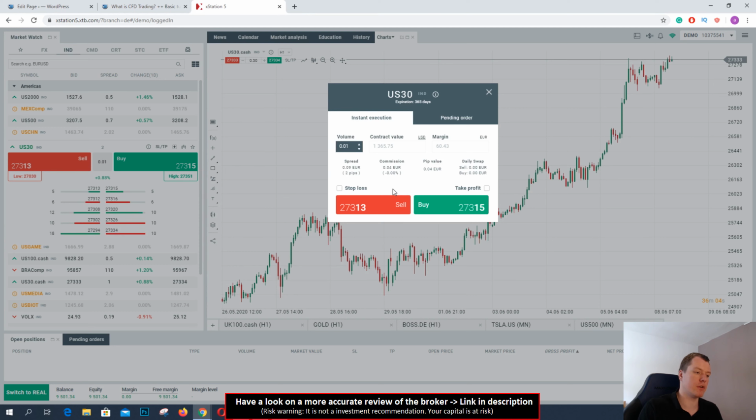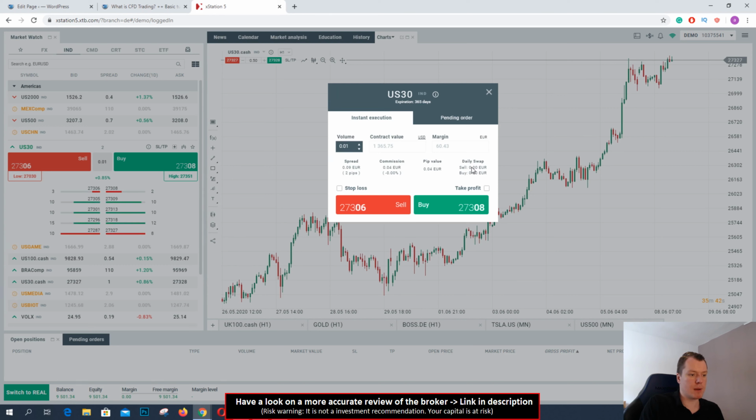This small difference they are earning here, for example, 2 pips, and this would be 9 cents, for example. And there's also most of the time a commission. You see here, this is just a trading commission of €4, and here you see the pip value. The point value would be 4 cents.